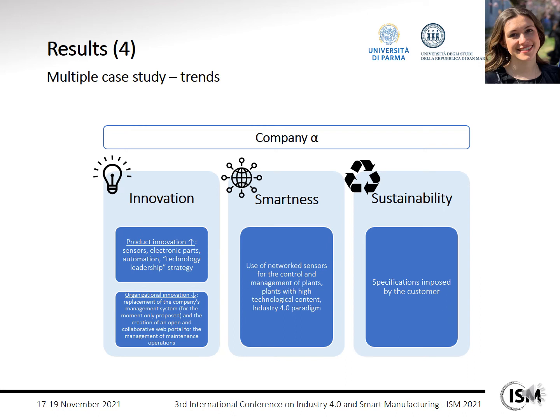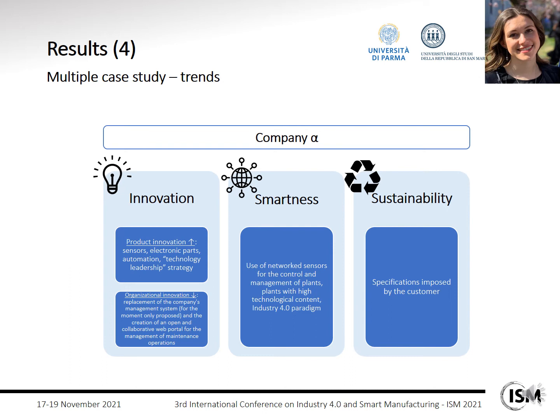So, in fact, organizational innovation consists in the replacement of a company's management system as well as the creation of an open and collaborative web portal for the management of maintenance operations. So, since with product innovation this company has acquired a technological leadership, we can say that the main trend followed by the company Alpha is the smartness trend, as the whole company is characterized by a rather high level of automation 4.0.